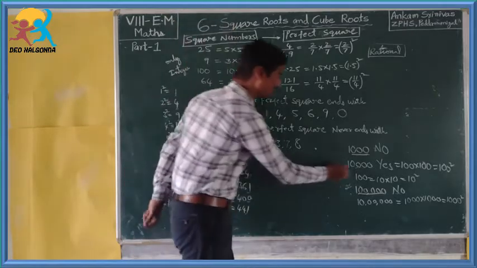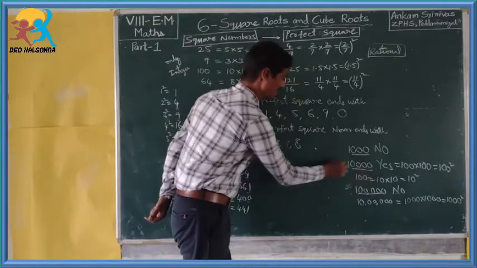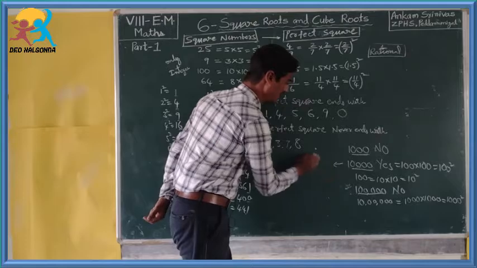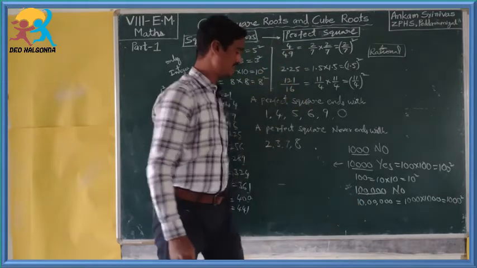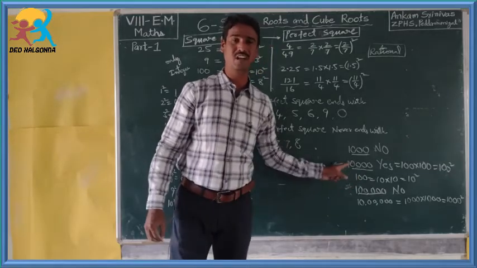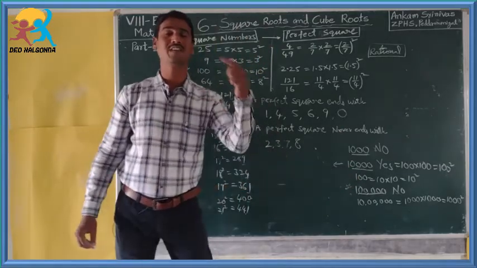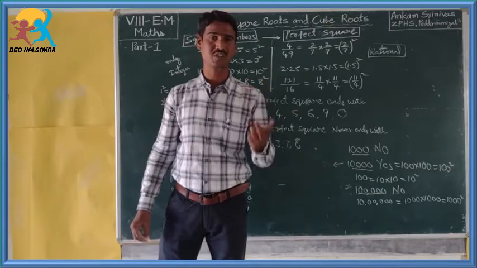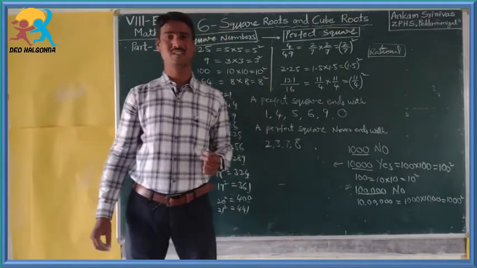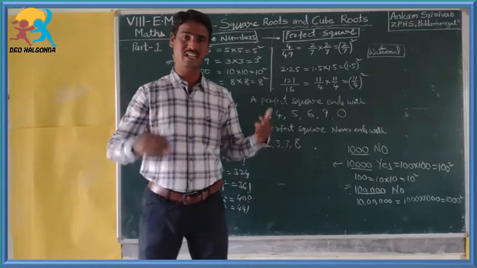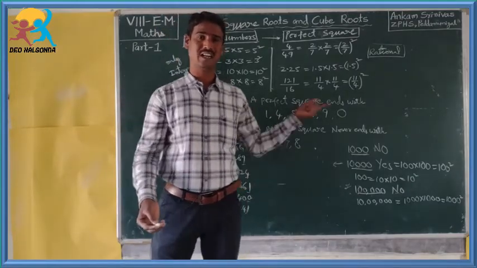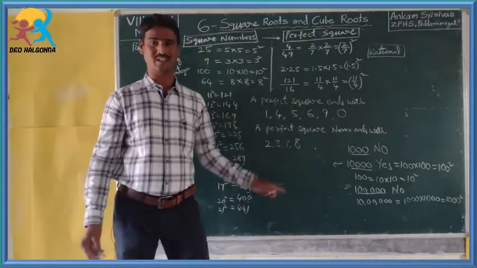If the number of zeros is 4 zeros, here 6 zeros, here 2 zeros, if the number of zeros is even, that means 2 zeros, 4 zeros, 6 zeros, 8 zeros, 10 zeros, like that, then that number may be a perfect square.